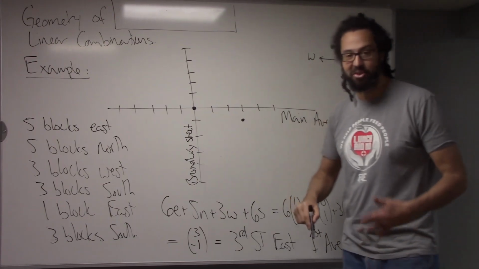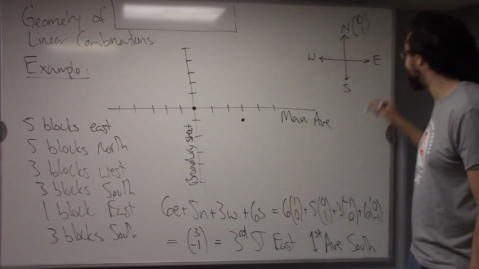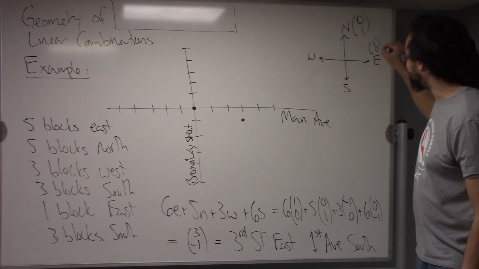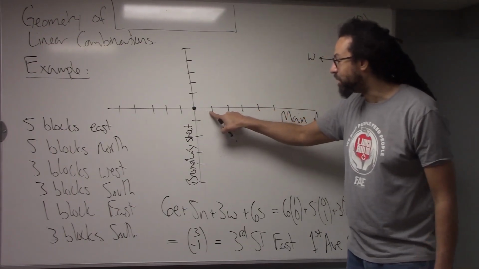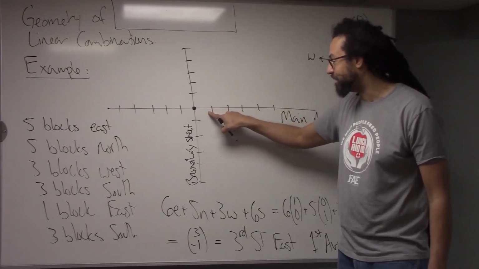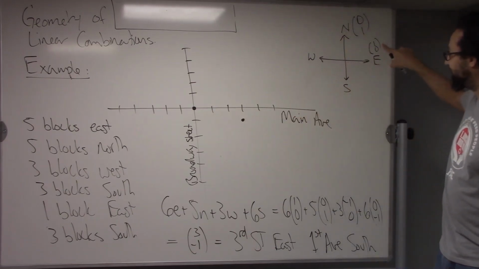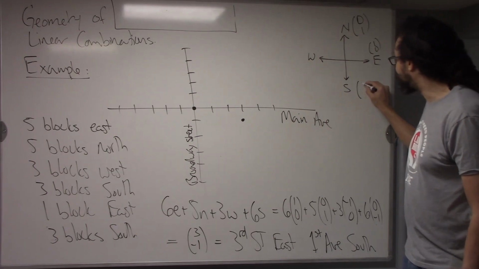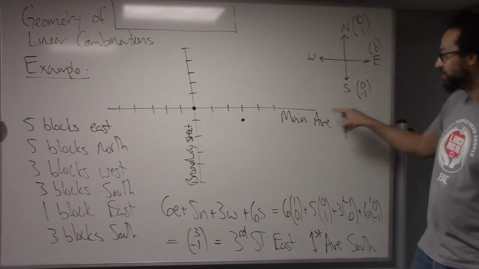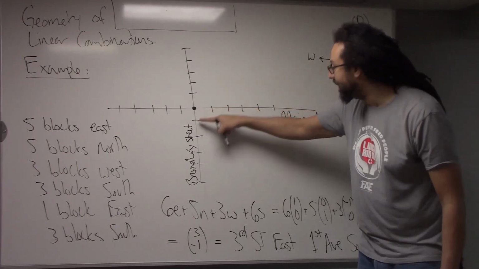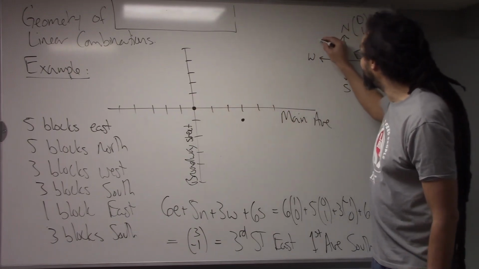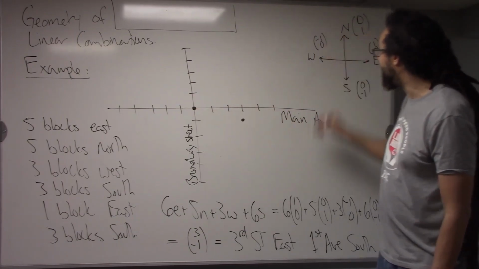If we want to think of the direction east as a vector, that should be 1, 0. So 1 block east is this vector that points along the positive x-axis. So that's the vector 1, 0. And then south, 0, -1, so 1 block south. And then 1 block west is going to be -1, 0.